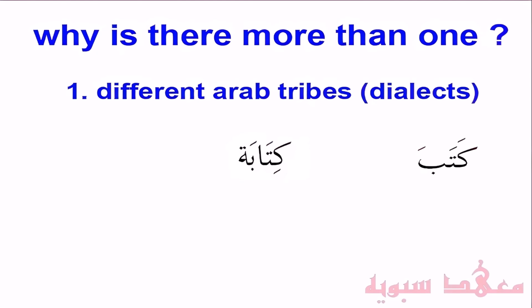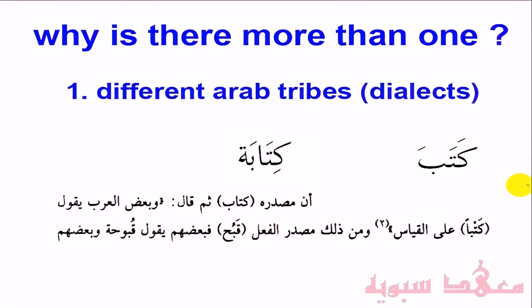Now this is what Sibawayh says. He says the following: in masdarahu kitabun. So actually kitab is also considered a masdar, according to Sibawayh. And he says, وَبَعْضَ الْعَرَبِ يَقُولُ كَتْبًا عَلَى الْقِيَاسِ. So here we have two more masdars, katban and kitab. And we know that kitaba is also a masdar.